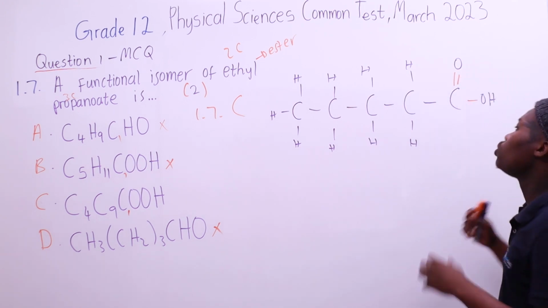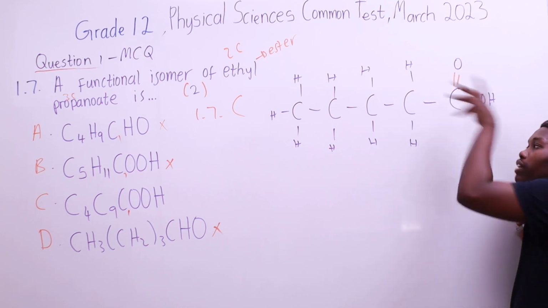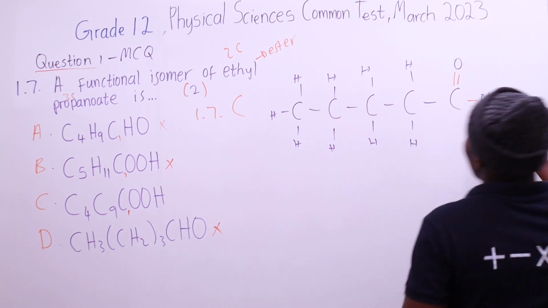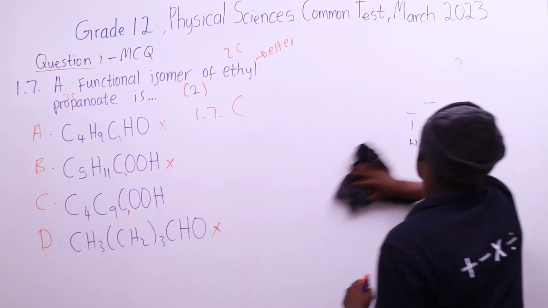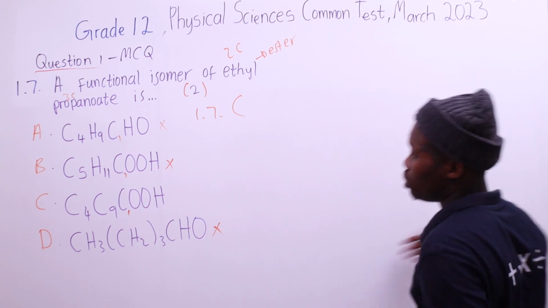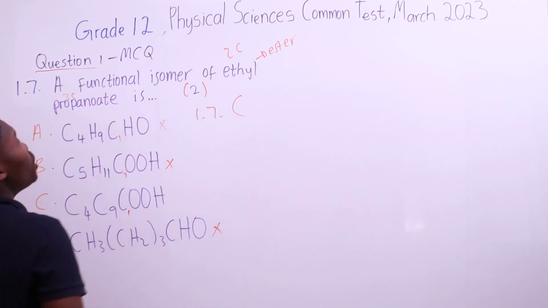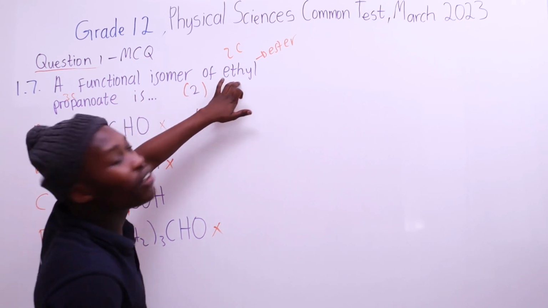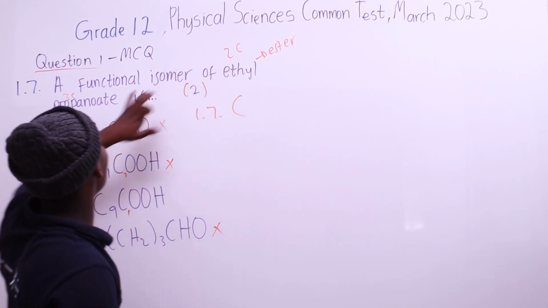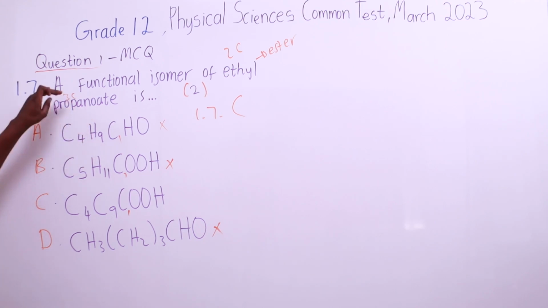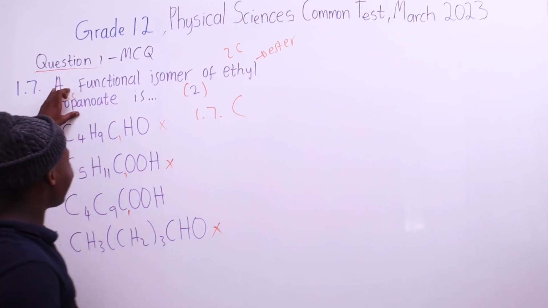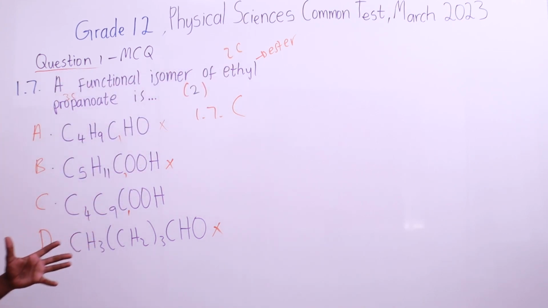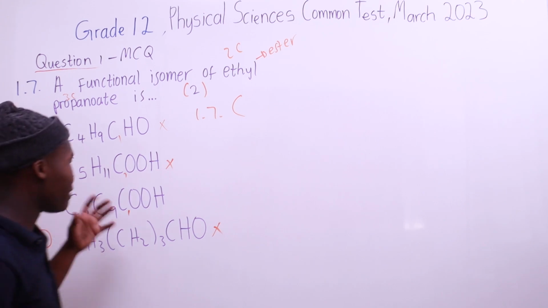Remember carbon has 4 valence electrons, so therefore it can have 4 bonds. So for your answer to this question, regardless of drawing, you're looking for ethyl propanoate. Ethyl comes from the alcohol and it's 2 carbon atoms. Propanoate comes from the ester and 3 carbons. So 2 carbon plus 3 carbon is 5. So it has 5 carbon atoms.